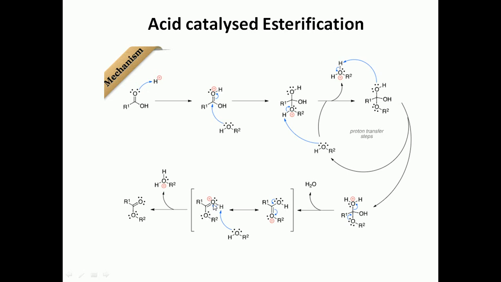So this O plus over here is an unstable situation, and as you know, H has a good migratory aptitude compared to R, so this H is lost from over here, because O is positive, so it will take this electron pair on itself and this H will be lost. So H is consumed over here and you see the H is lost over here. So the catalyst, you can say, is regenerated and you get an ester over here.